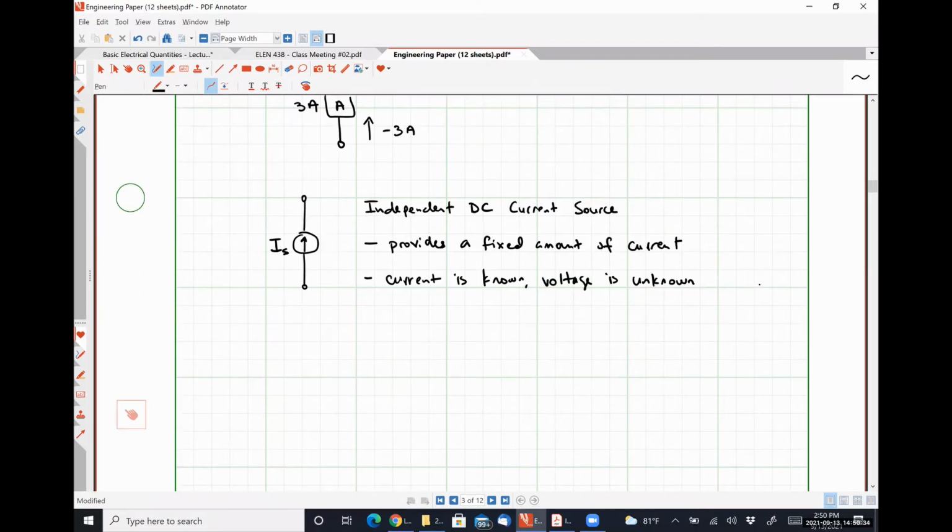okay? So for an AC current source, it's going to look practically identical, except that there's going to be a little tilde or squiggle in there. And that squiggle really just represents the fact that the current changes with time.